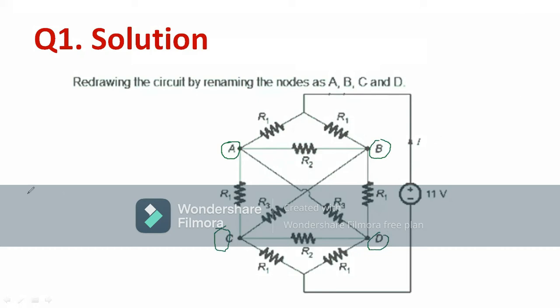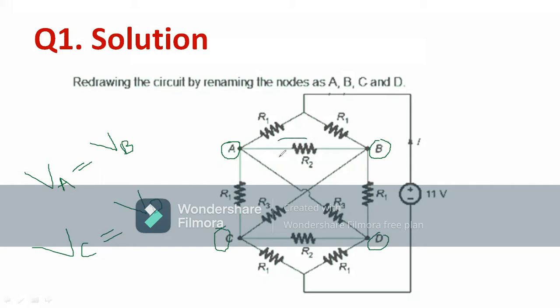You know that the potential at node A is equal to the potential at node B. I'll be writing in this manner. In the same way, the potential at node C is equal to the potential at node D. It is very true. Now, if both the potentials are equal, there is no current flow. There won't be any current flow between A and B.